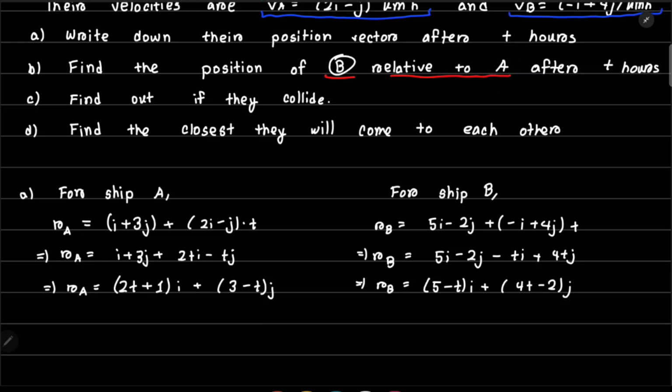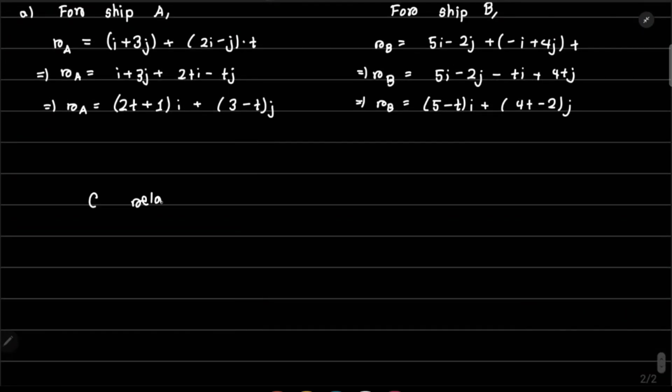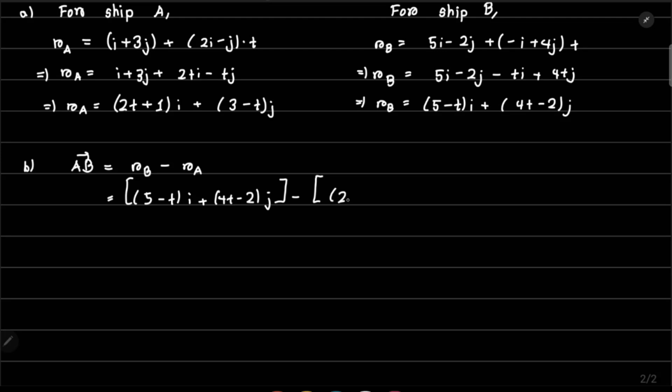So if I want C relative to D, this vector will start with D and will go to C. Similarly, in this case, we have to find the vector AB, which we know would be the position of B minus the position of A. So the position of B, we know that it's 5 minus t i plus 4t minus 2 j, and minus the position vector of A. The position vector of A at time t is 2t plus 1 i plus 3 minus t j.